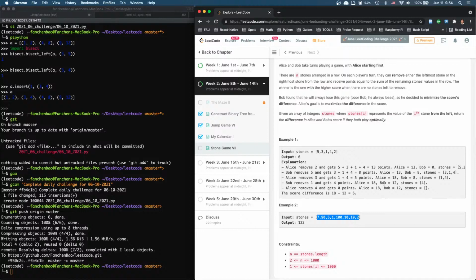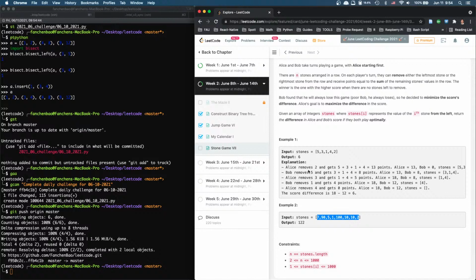Bob will remove the last one if there are even numbers, which means the last one Bob removes, he doesn't even get any points out of it. And Alice will always pick the smaller one and get a big one. So with an odd number, Alice doesn't get the point from the last one, but from each play she will always have more points than Bob, no matter what.